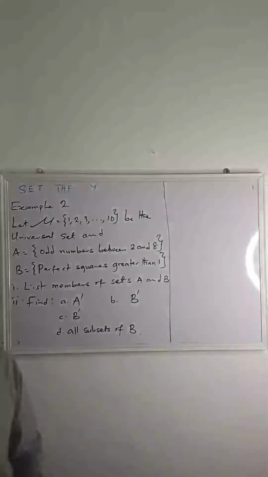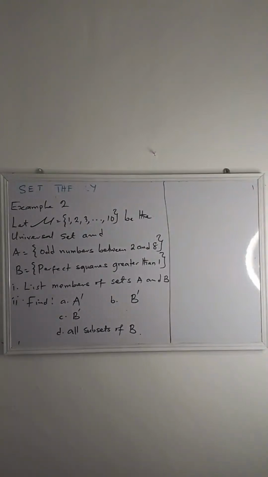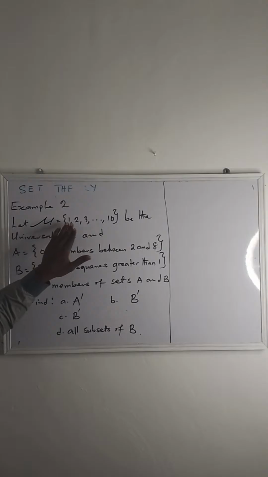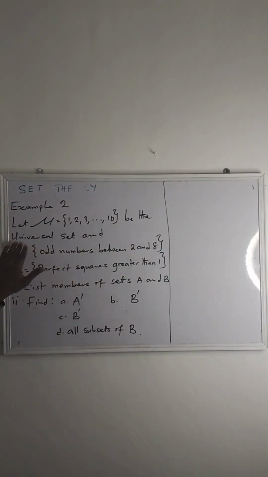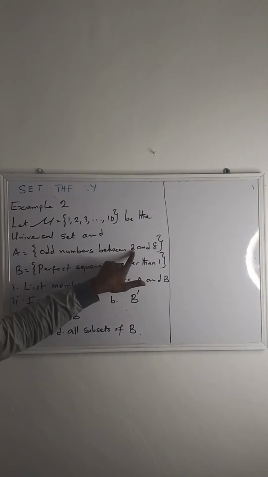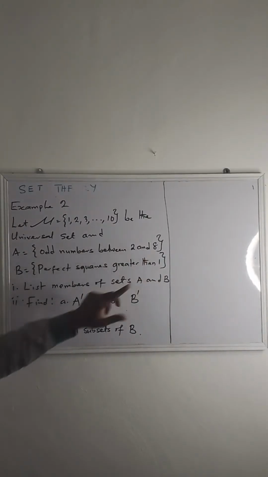All right. Okay, so now this is the question. Let U be the set of 1, 2 down to 10, the universal set, and A being the set of odd numbers between 2 and 8.